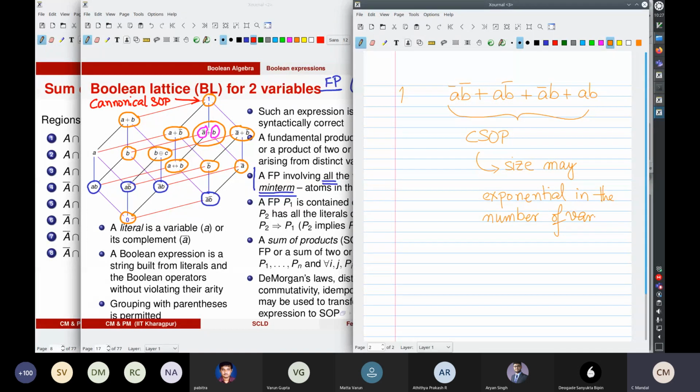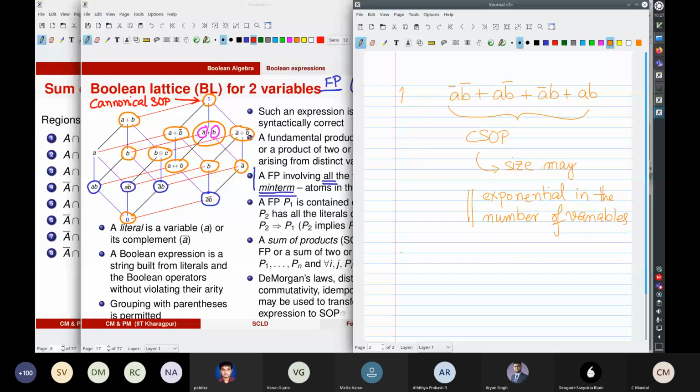Maybe exponential in the number of variables. So this is the problem with your canonical sum of product representation. It is unique, that is the good thing about it. But a serious problem is that it may be exponential in the number of variables.